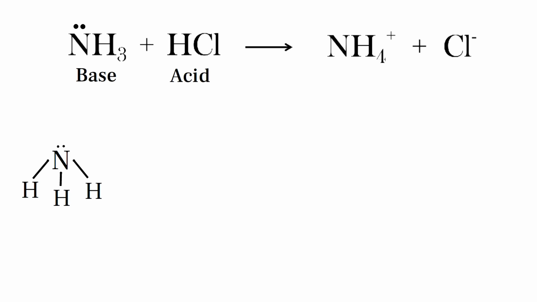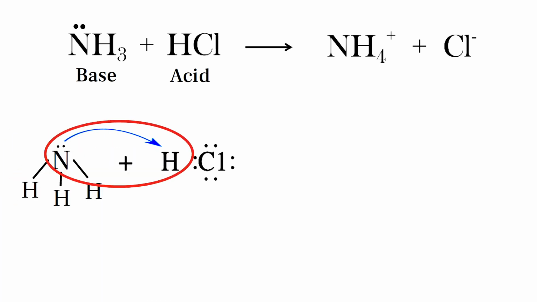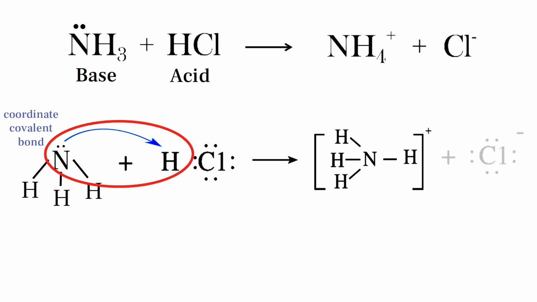As we can see, one pair of electrons remains without bonding to any atom, while the hydrogen ion has an empty orbital. Therefore, the hydrogen ion accepts a pair of electrons from ammonia, and a coordinate covalent bond occurs between them.